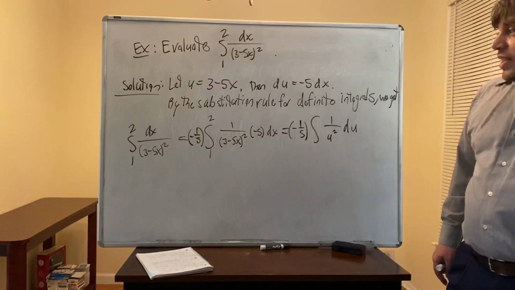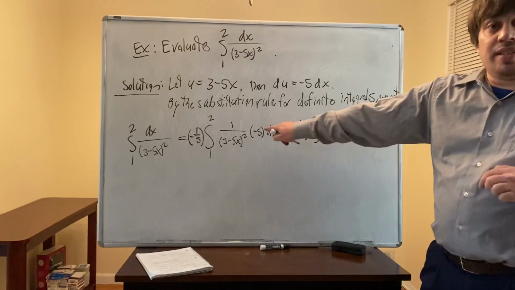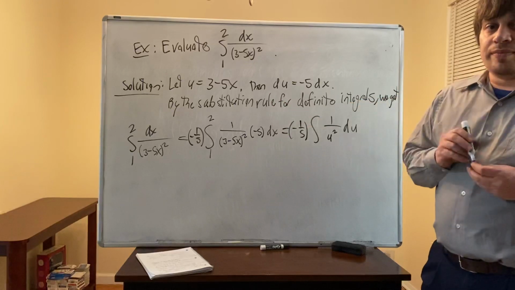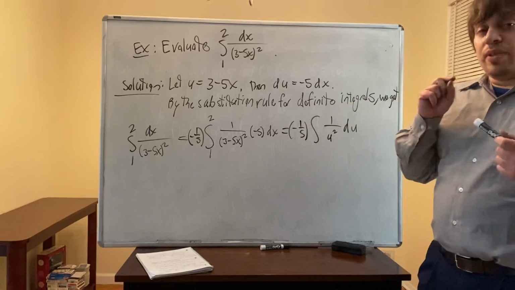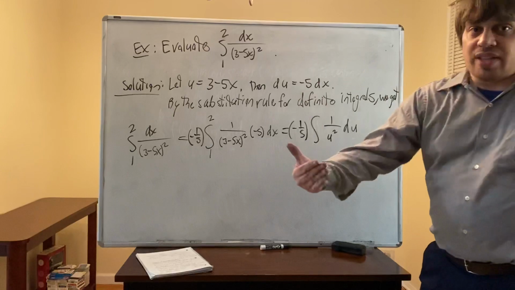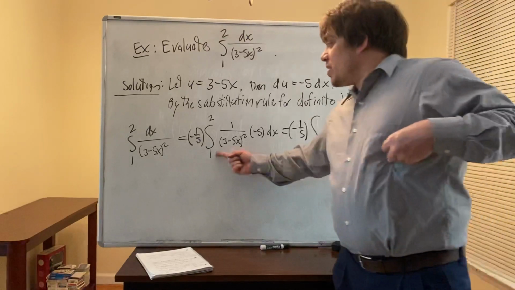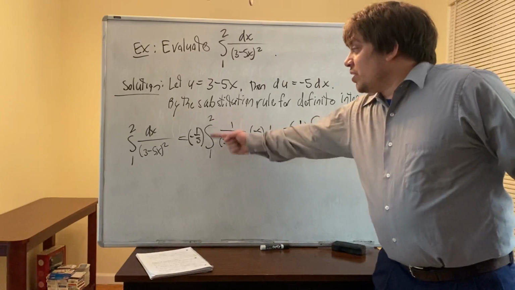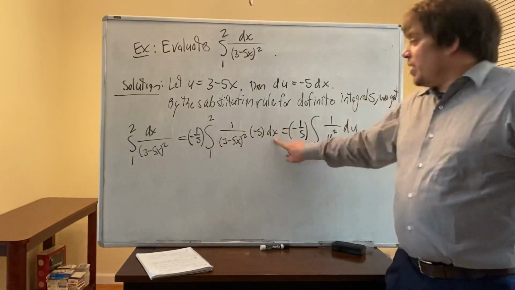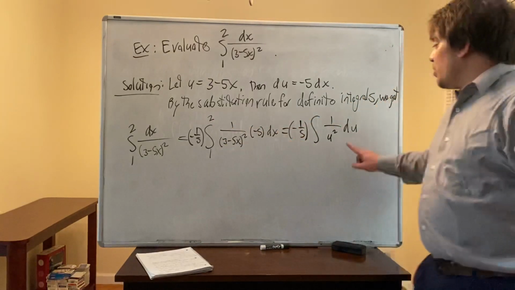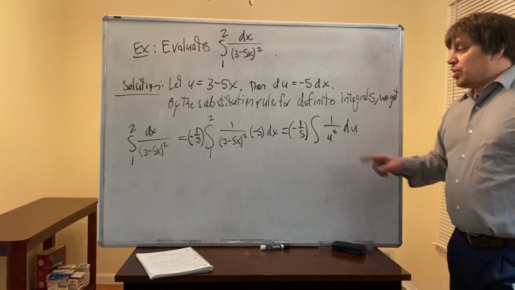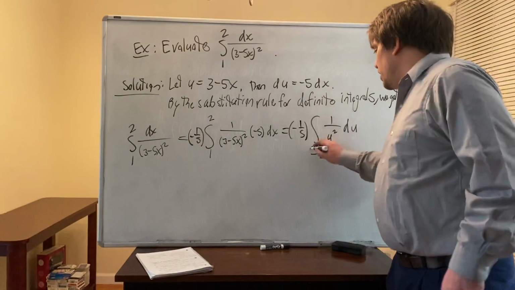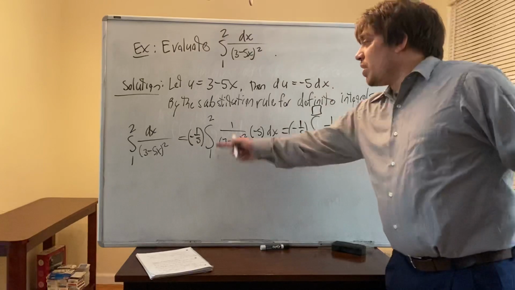The one last thing: so far I've done the same thing I did for u substitution for an indefinite integral. What's now added in addition to that is I have limits of integration here using x values. These are lower and upper limits of this integral where the integral is with respect to x. Now it's with respect to u. So what I need are two values here that correspond with the x values.